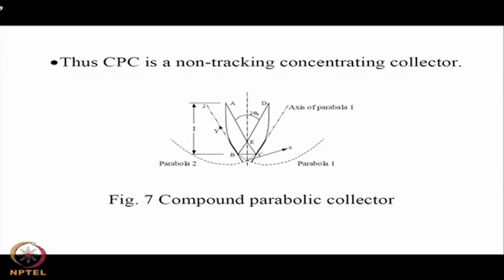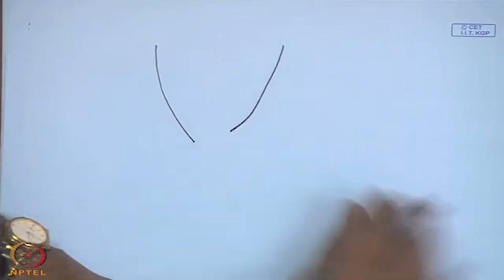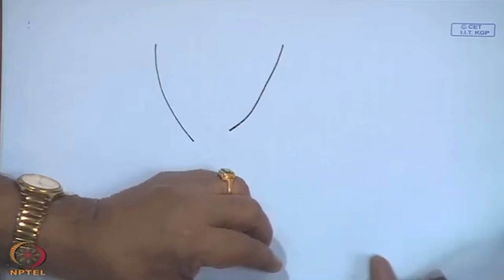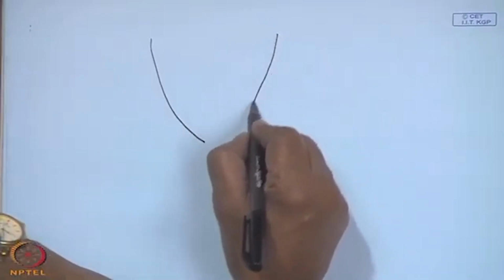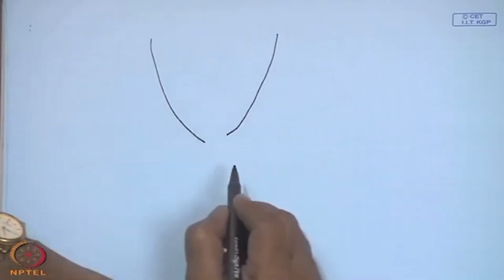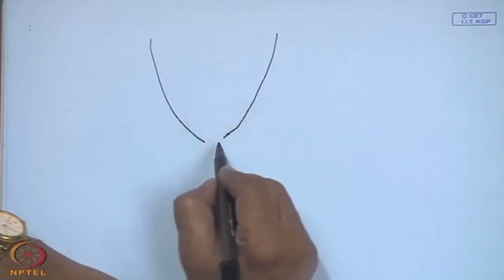So, I have shown the picture of a compound parabolic collector. Basically, it consists of the solid lines. Let me redraw. These are two parabolas, rather part of two parabolas.